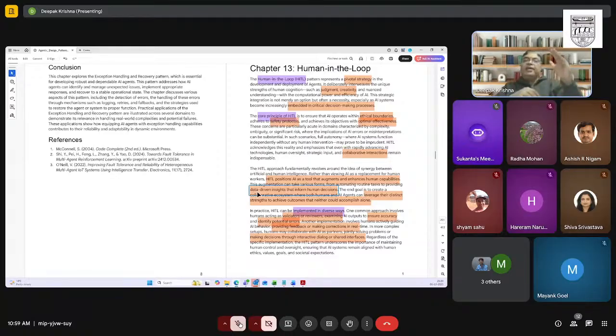For example, if we are writing some piece of code using AI, at some point it is saying, are you sure, can I go with this approach or this approach? You can say, okay, go with approach A. Can I write the test cases for you? I can say no, then it can move another way. If I say yes, it can move another way. So whenever there is some decision making thing, it can actually ask you those questions, and those answers are very simple: yes or no.